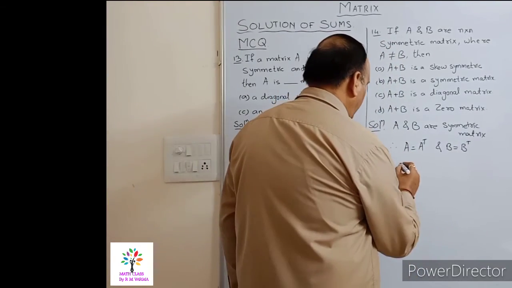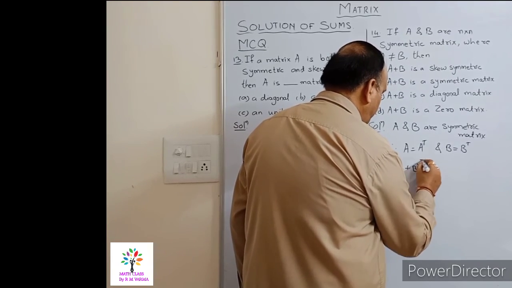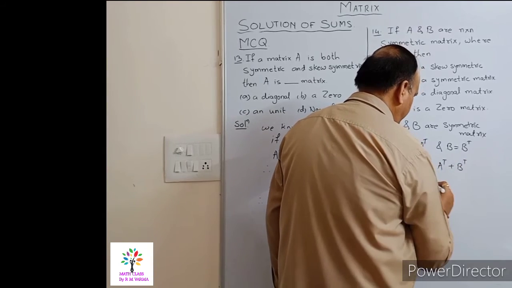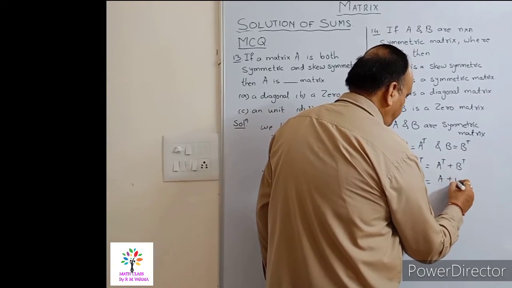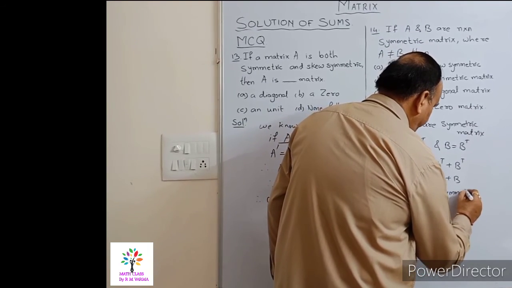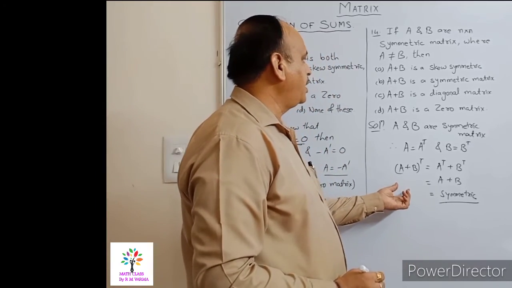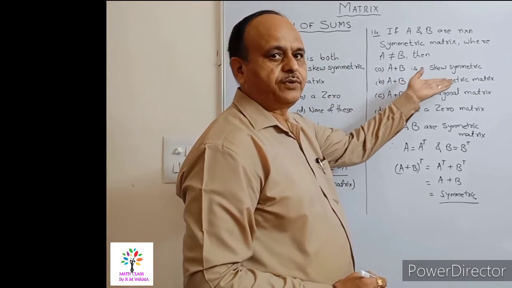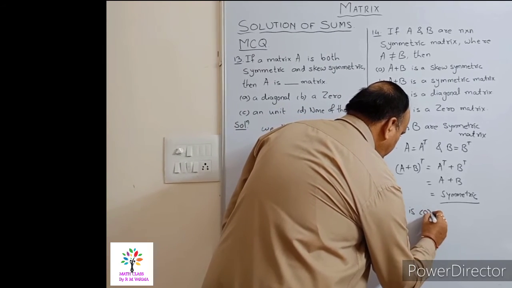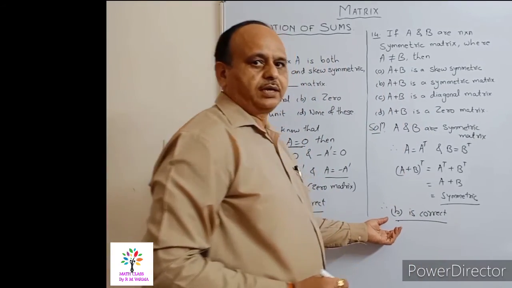Correct? We can have A plus B transpose equals to A transpose plus B transpose, which is equals to A plus B, which is equals to symmetric. That means A plus B is your symmetric matrix. Therefore, B is the correct answer.